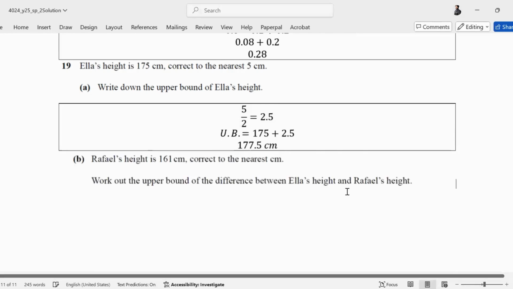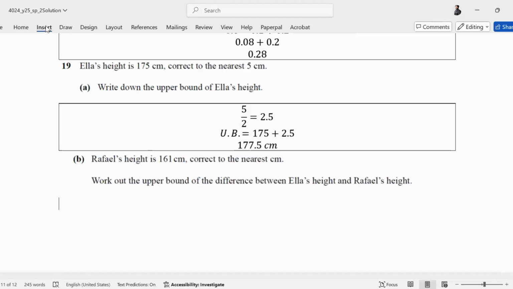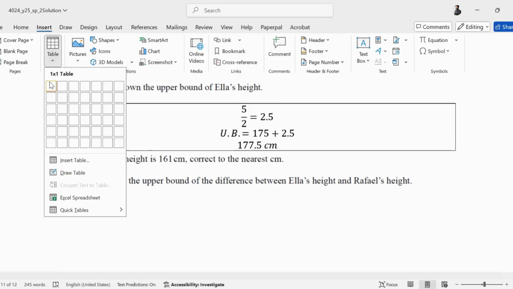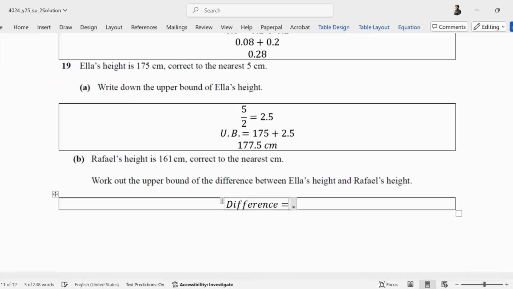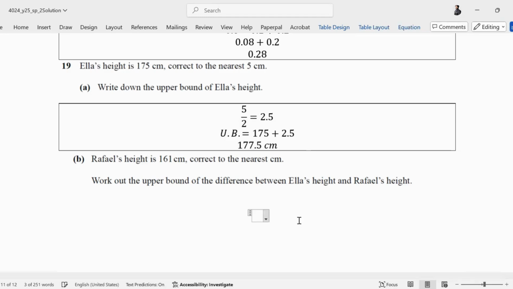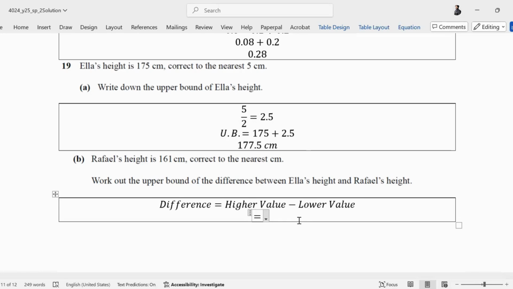Now, in the next one, it is telling me Raphael's height is 161 centimeter, correct to the nearest centimeter, which means 1 centimeter. Work out the upper bound of the difference between Ella's height and Raphael's height. I have already told you that difference is generally higher value minus lower value. So higher value is Ella's height.